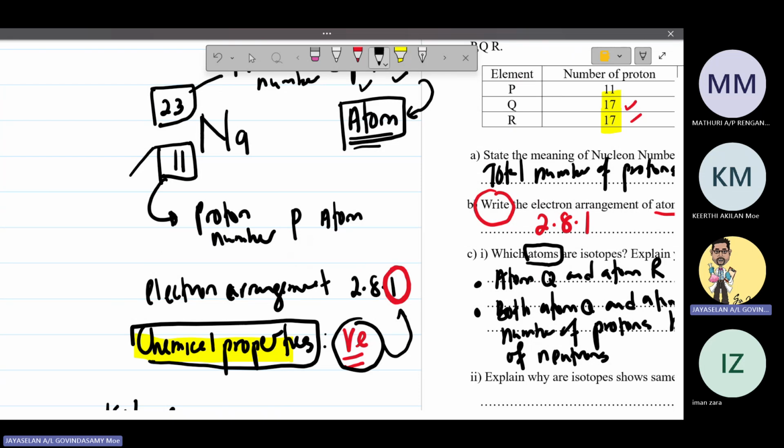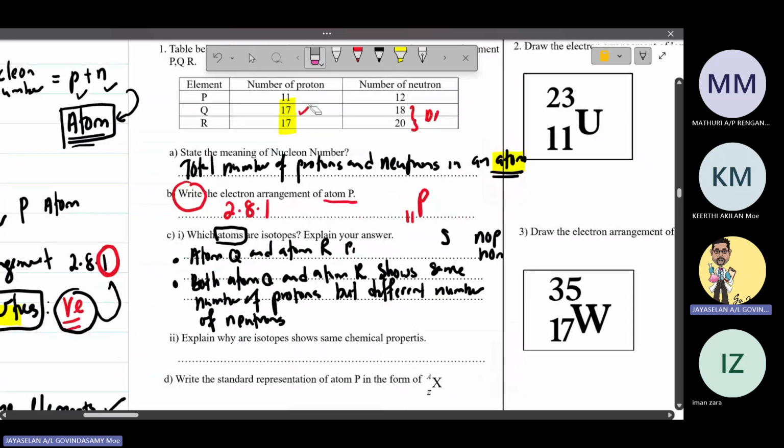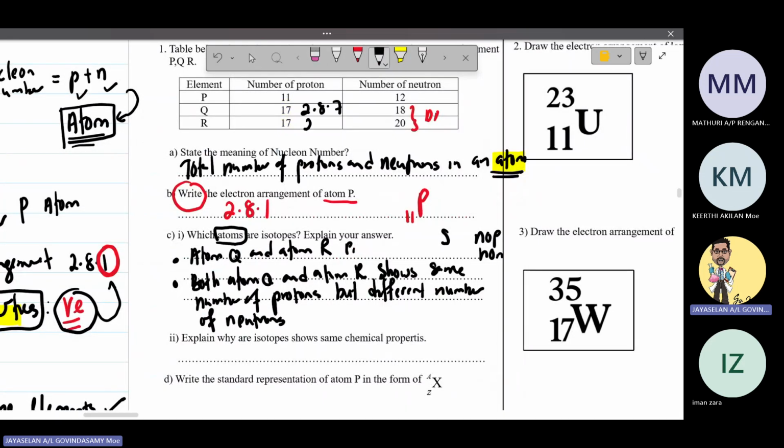So if you check the question, the electron arrangement of these two atoms is 2.8.7, 2.8.7. We already know this belongs to which group? Group 17, halogen. Halogens can react with water, with alkali, with iron.